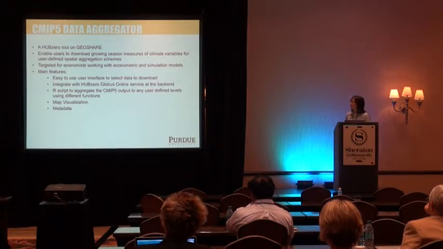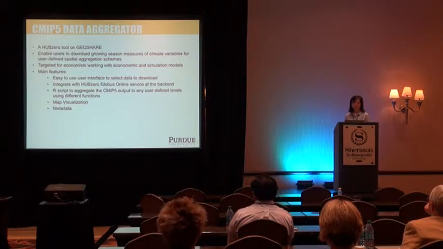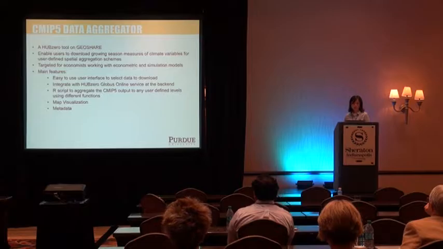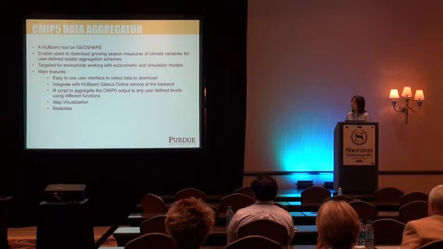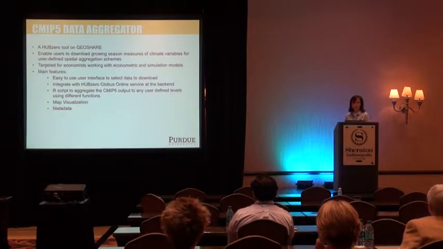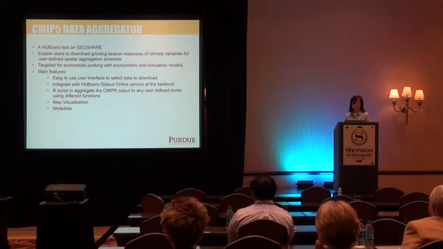It also has several R scripts that can aggregate the climate model output to any user-defined levels. It also allows users to convert the aggregation result into maps for visualization. Last but not least, all the data processing histories are tracked automatically and converted to metadata, so they are associated with the data and available for download.